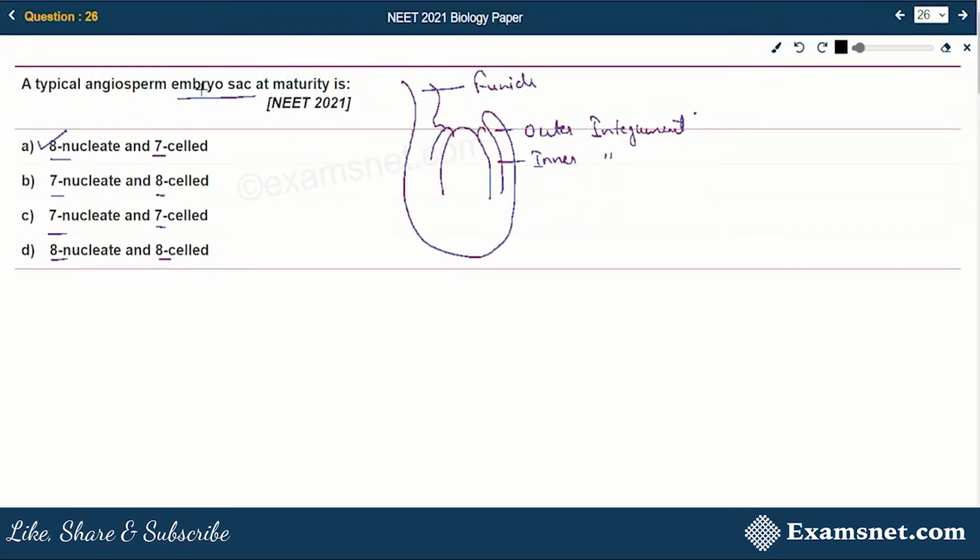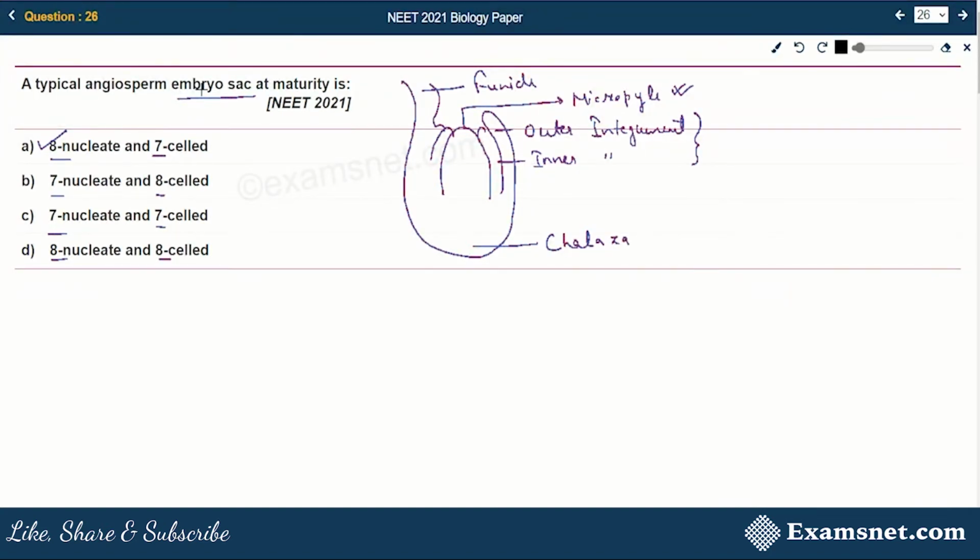As you can see here, the integuments encircle the ovule on all sides except at the tip, and this is known as micropyle. So this end of the ovule is known as micropylar end. Opposite to this micropylar end is the chalaza, which represents the basal end of the ovule, right?